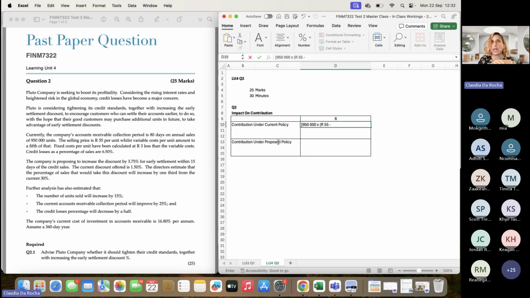This is a revision of 2A, 2B, etc. Variable cost amounts to a fifth of the 55. So it's the 55 Rand times 1/5, or in other words, 20%. And that will be all for our contributions, as straightforward as that. So what is the amount that we get?